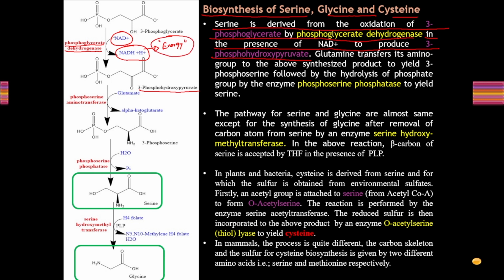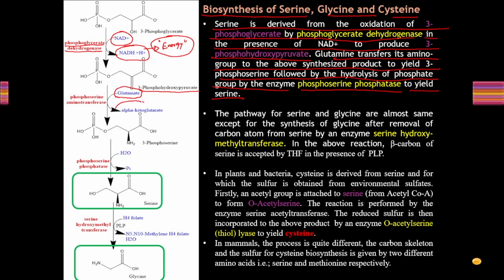And then in the second step, the glutamate transfers its amino group to the above synthesized product to yield 3-phosphoserine, followed by the hydrolysis of the phosphate group by the enzyme phosphoserine phosphatase to yield serine. So in the second step, since you don't have the amino group on this molecule, the glutamate is going to contribute the amino group.